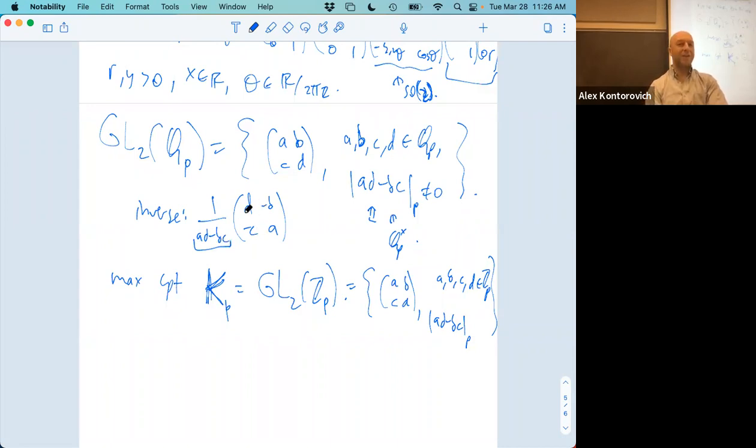So how do I guarantee what's the largest thing that contains things that look like this but forms a group? I have to make this determinant 1. This thing has to be a unit, a p-adic unit.